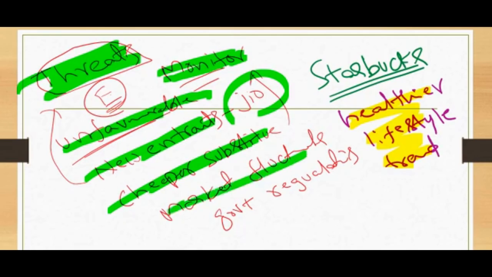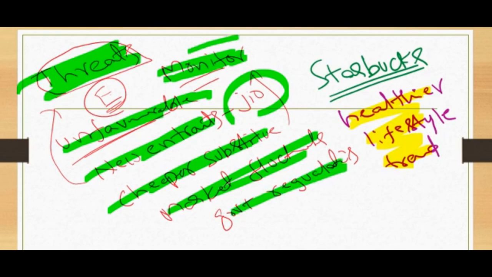And sometimes market fluctuations and government regulations, all these are threats. So you need to be watchful, monitor them very closely, and make sure that you are taking the situation into your control.